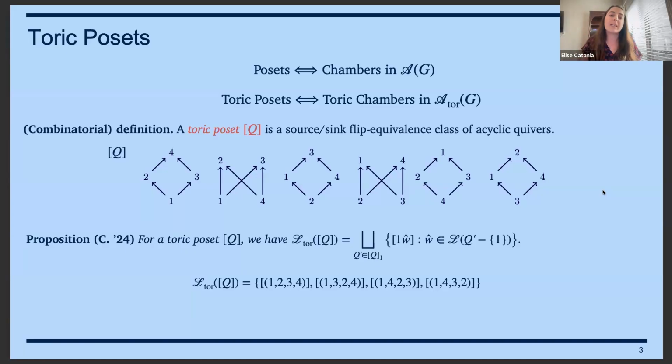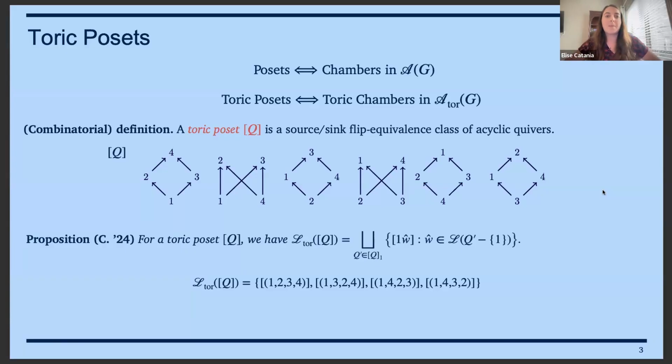And I want to emphasize that this whole set is one toric poset. Okay, and so there are certain properties that carry over to the toric poset setting. One of them is the notion of toric total extensions, which is the toric analog of a linear extension for an ordinary poset. And for these toric total extensions, they are now cyclic equivalence classes.